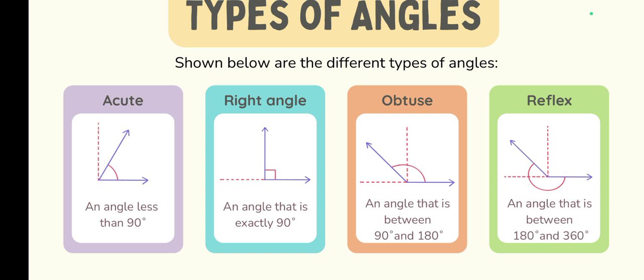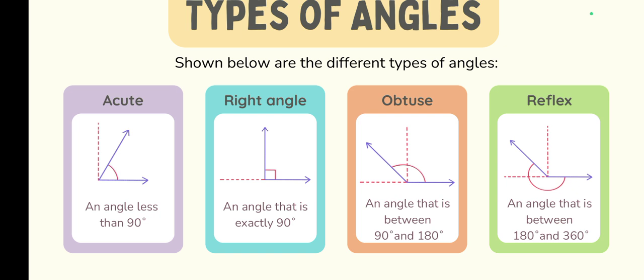Now moving on to the third type of angle, the obtuse angle. An obtuse angle is an angle that is more than 90 and less than 180 degrees, that is, in between 90 and 180 degrees. For example, 120 degrees and 170 degrees are all obtuse angles.